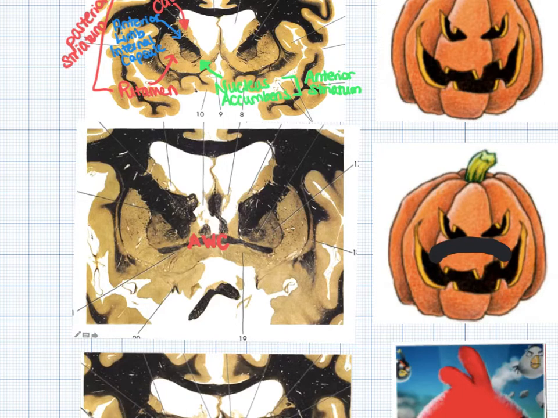So at this point, we still have our lateral ventricles, our caudate nucleus in the lateral wall of the lateral ventricles. We still have our putamen, the external capsule, the claustrum, and then the extreme capsule, bordered by the insula. And we're starting to get a little bit more of our globus pallidus, and we'll divide that up into its individual components on the next image when you can see it better.